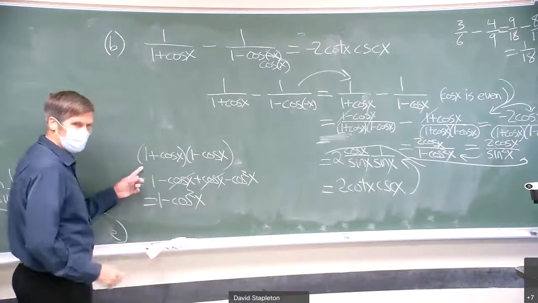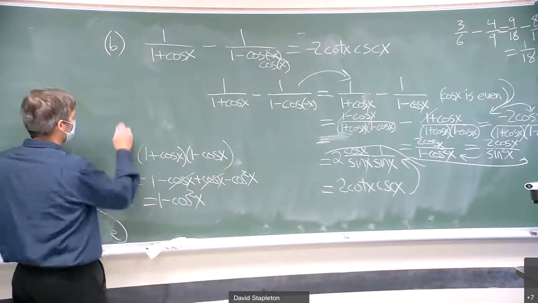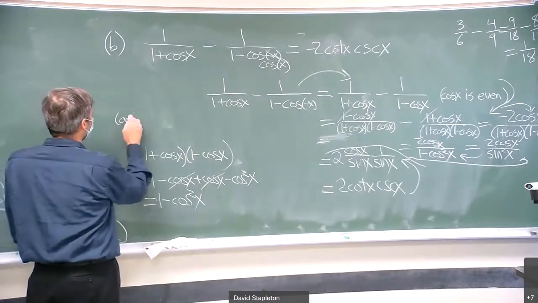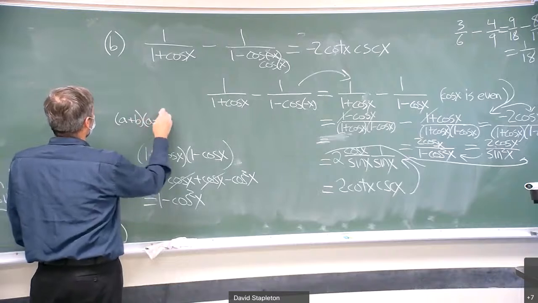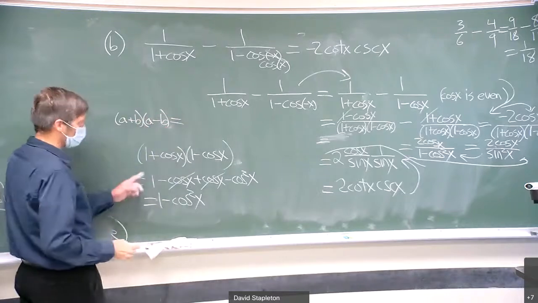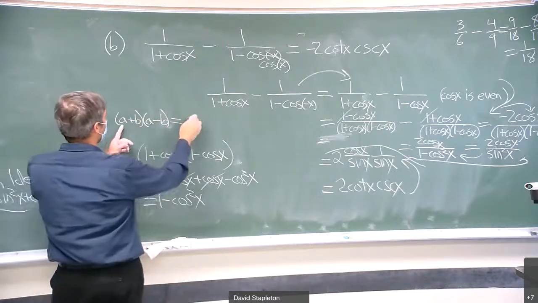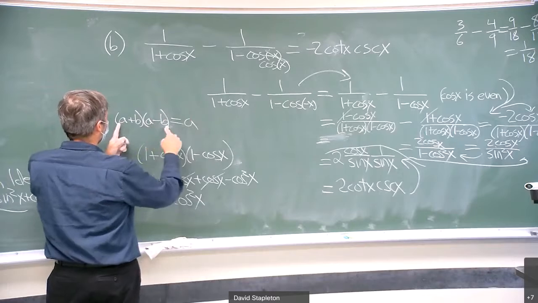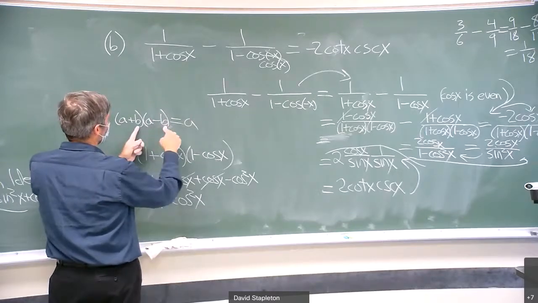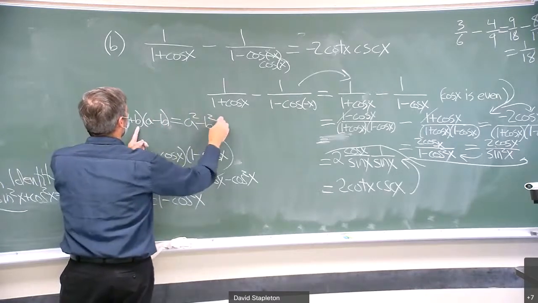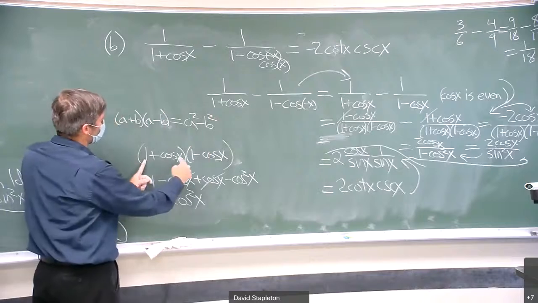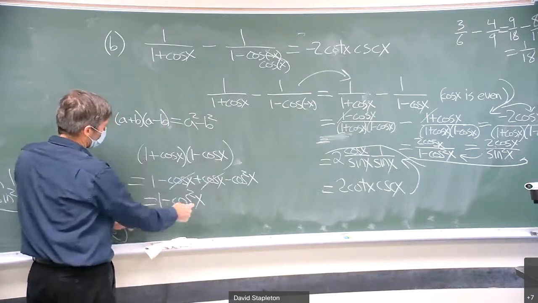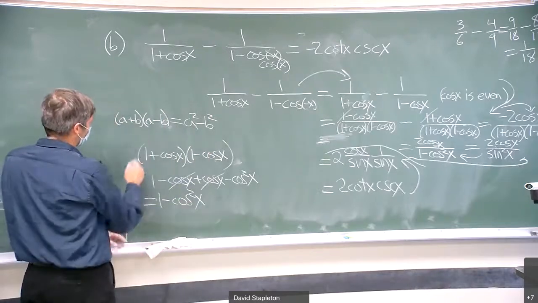Does this look kind of familiar? It looks in algebra like this. A plus b times a minus b is always what? By the same FOIL, a squared minus ab plus ab cancels, minus b squared. So that's what we did here. A plus b and a minus b is a squared minus b squared. You'll see this come up a lot.